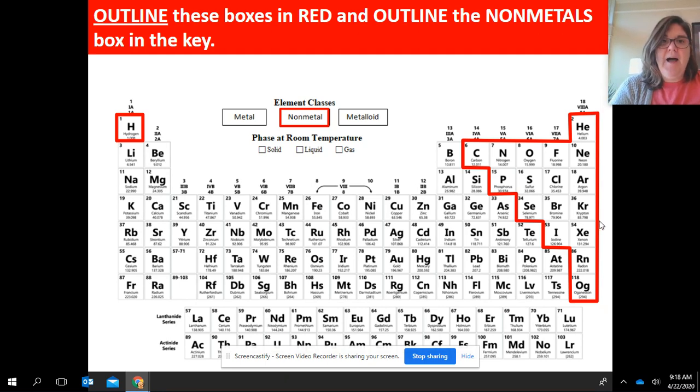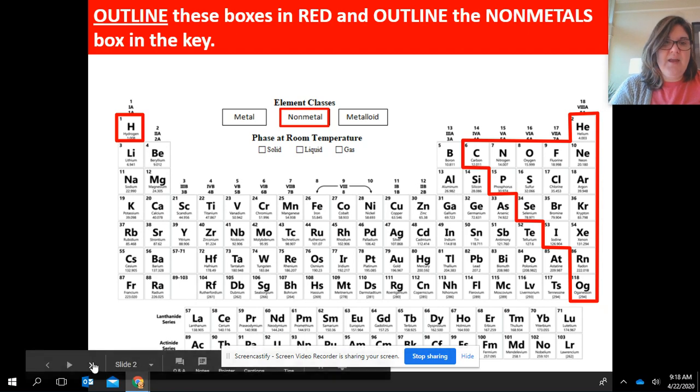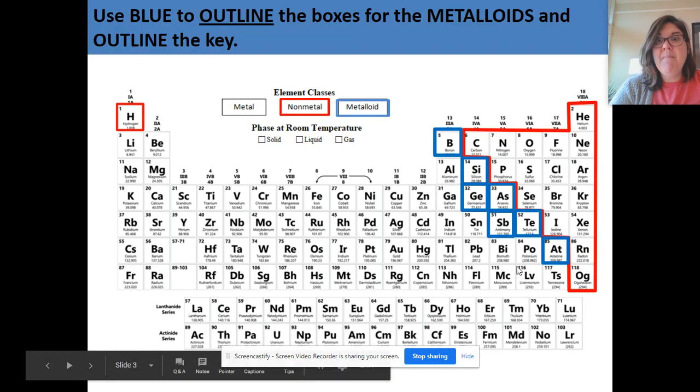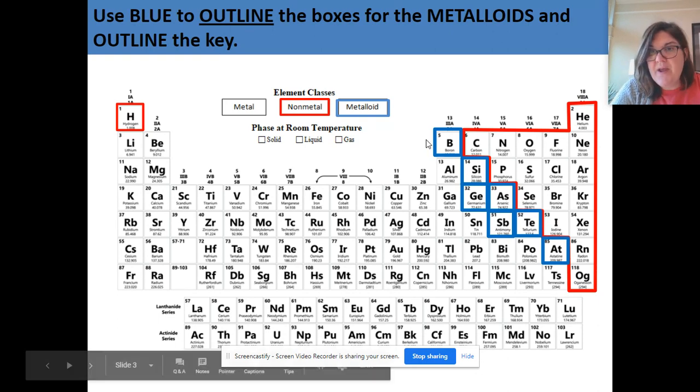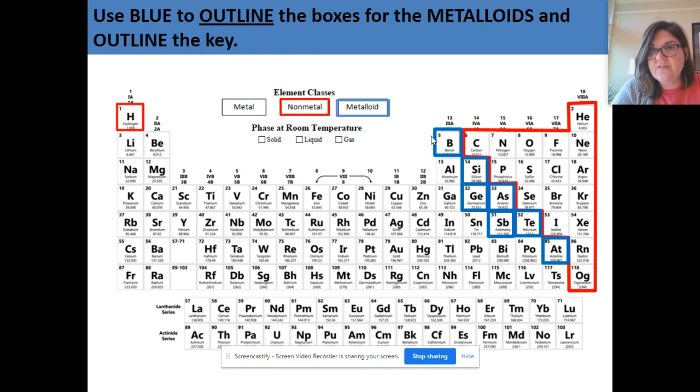All right. And then we have our metalloids. These things are literally touching those stair steps. So here we have our little staircase. Everything to the right of it is nonmetal, with the exception of hydrogen. Hydrogen's over here only because it only has one valence electron and it's in family one.